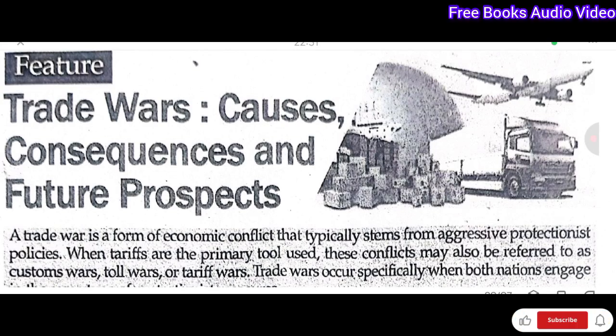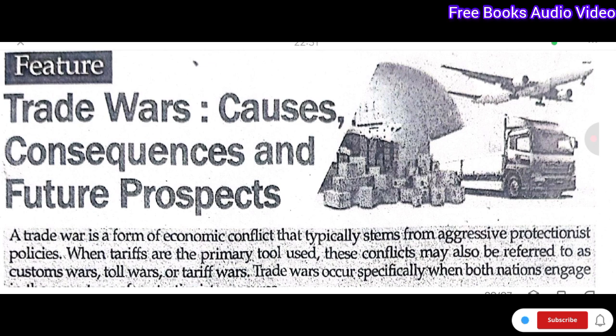Trade wars: Causes, consequences, and future prospects. A trade war is a form of economic conflict that typically stems from aggressive protectionist policies.